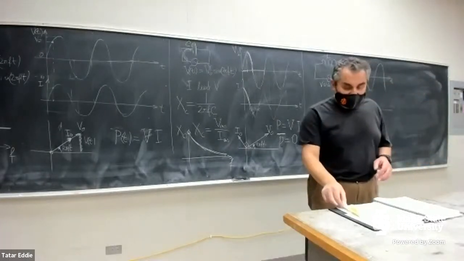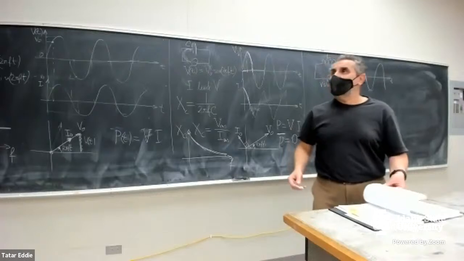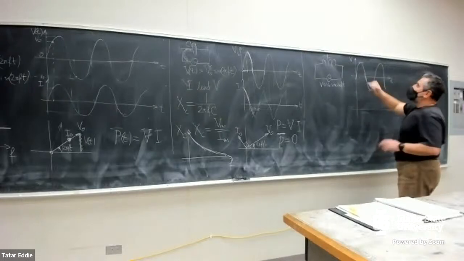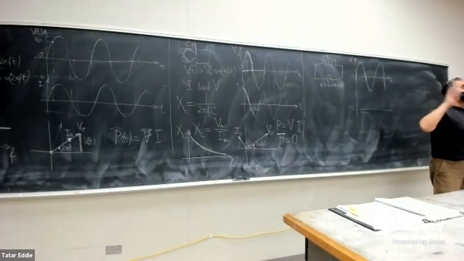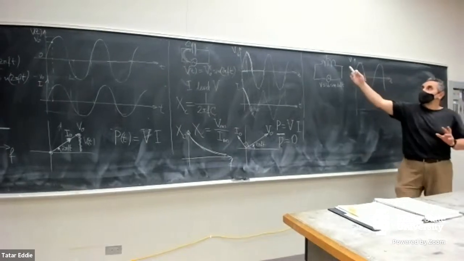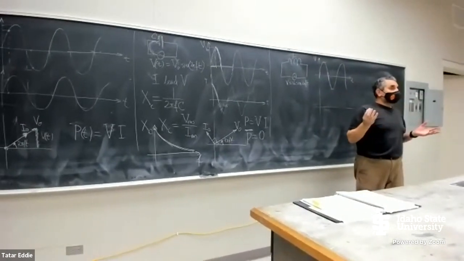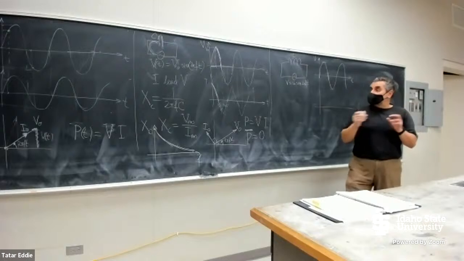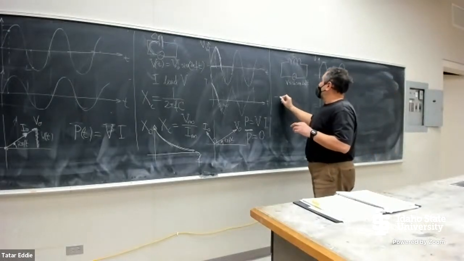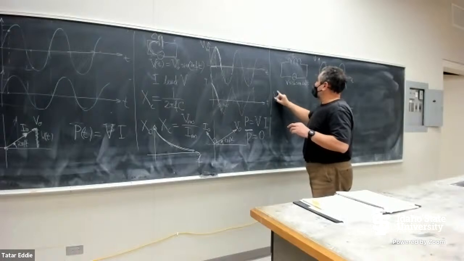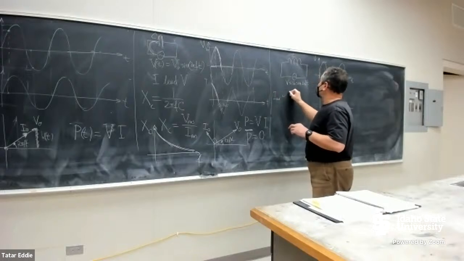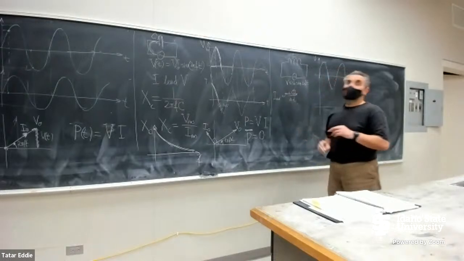As a result of that, when you have fast change, you're going to have large induced voltage in the inductor, large induced current, and because of the negative algebraic sign, right? So the induced voltage and therefore the induced current is proportional to the rate of change of magnetic flux with minus algebraic sign.